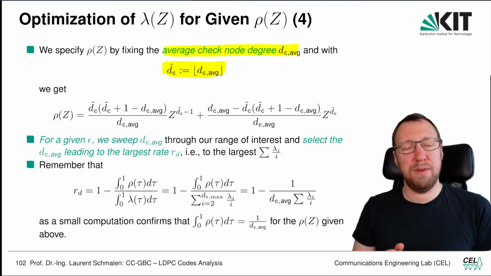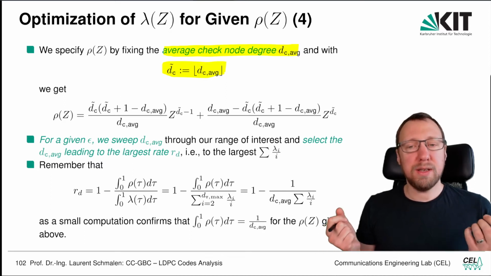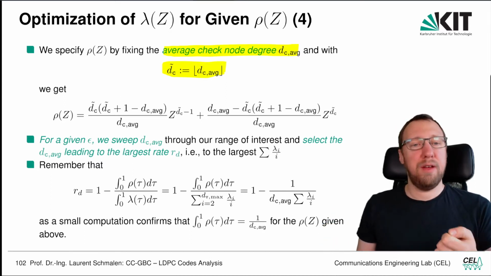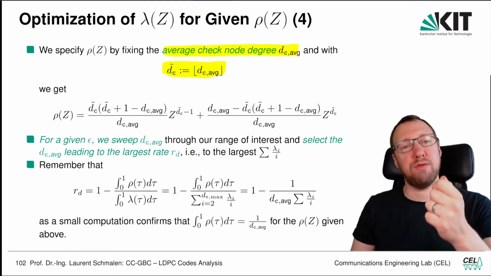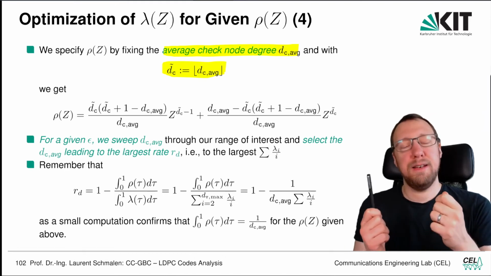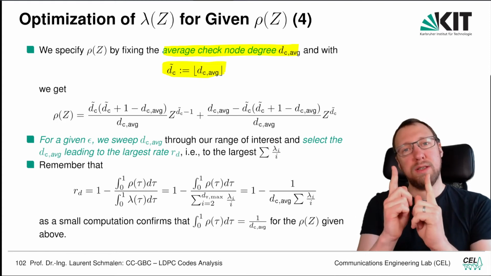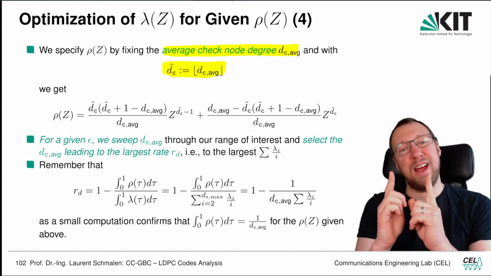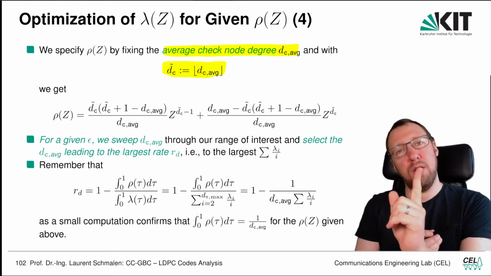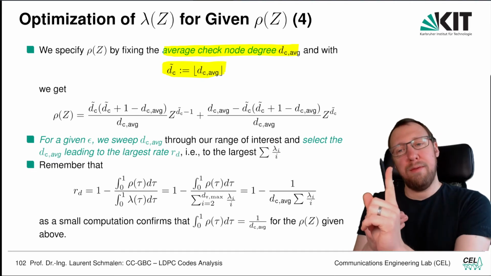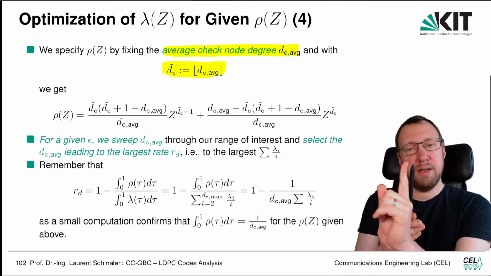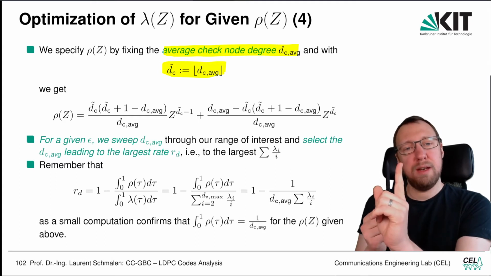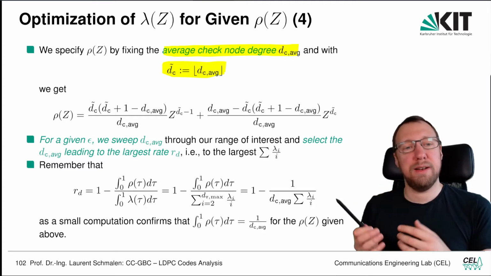And we assume that we have check nodes of both degree d_c tilde and d_c tilde plus 1. So they are concentrated around d_c average. We have some non-integer d_c average, we have d_c tilde a little bit smaller, and d_c tilde plus 1 just a little bit after.